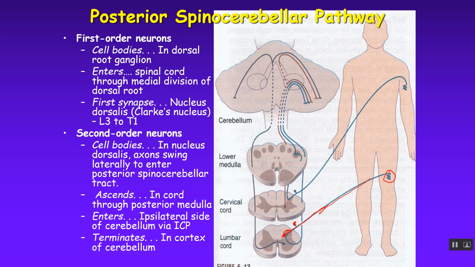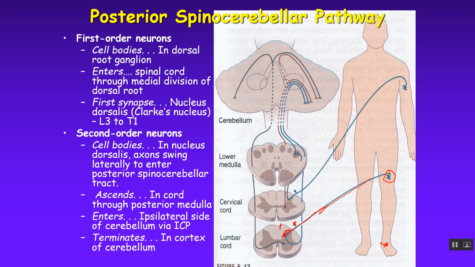If you have unconscious proprioception coming in from down in the foot, lower than L3, the axon will go up in the dorsal column in the fasciculus gracilis up to that L3 region to synapse with Clark's nucleus, okay?